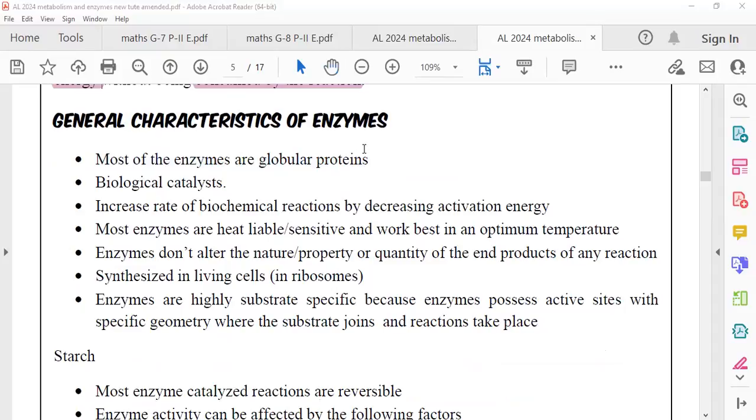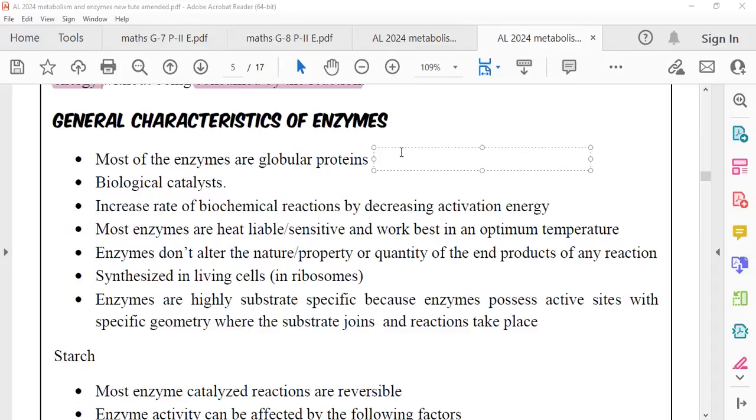Now in the exam paper, in notes, if the examiner uses the word "most," we have to understand it is not all. Understood? Yes, sir. All is not there.